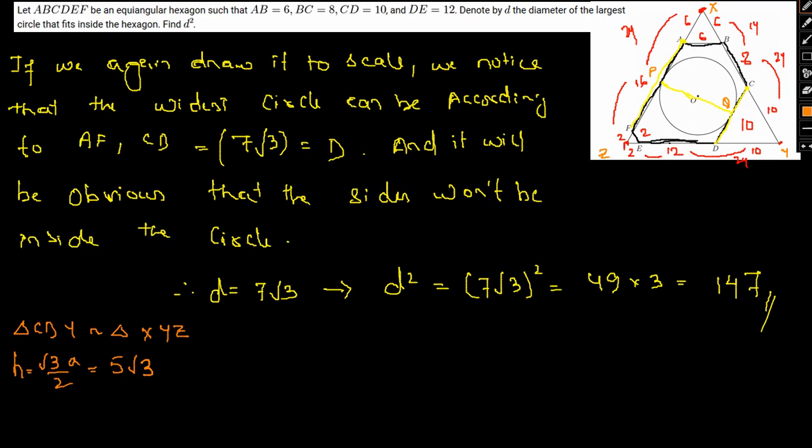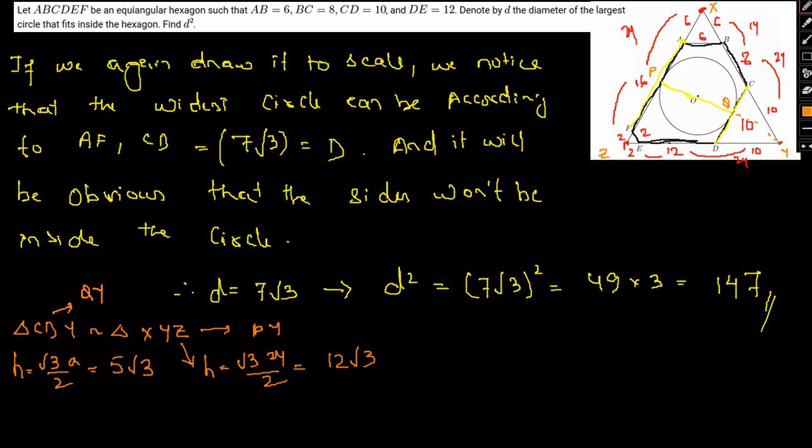Now if we consider triangle XYZ in general, the height would be given by root 3 a by 2, a being 24, so it comes out to be 12 root 3. So we can consider the height of triangle XYZ as PY, and the height for CD being QY.